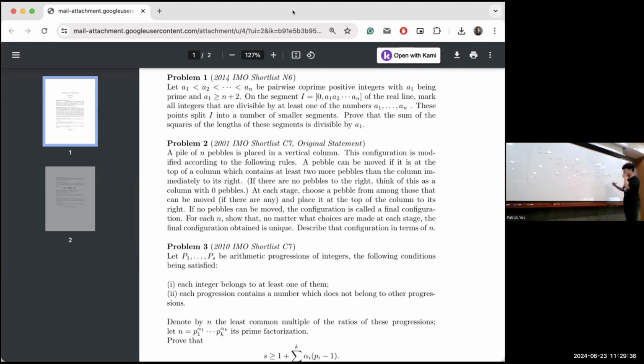Okay. So let's say this. We have column 1. This is the initial condition. And then, as I said, we're going to move all the 1 jumps to the front. Let's say that there were L1 1 jumps. Then the number of pebbles in column 1 will become n minus L1, and column 2 will have L1.